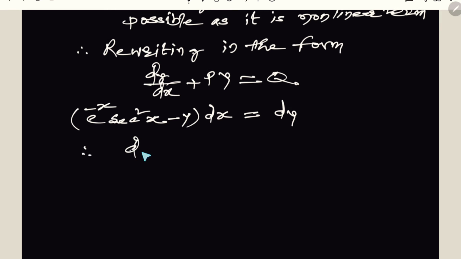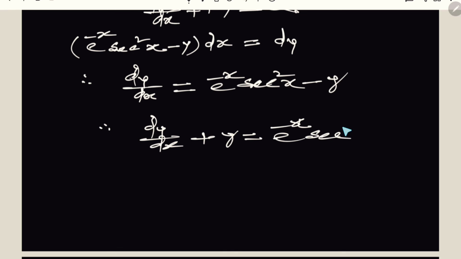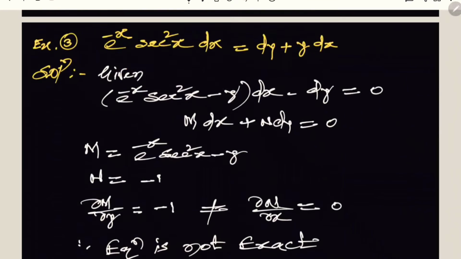Dividing by dx throughout, we get dy by dx is equal to e raised to minus x into secant square x minus y. Then transferring the y term to the left-hand side, we get dy by dx plus y is equal to e raised to minus x into secant square x, equation number 1.